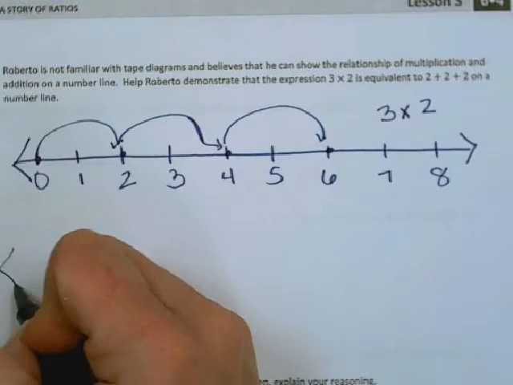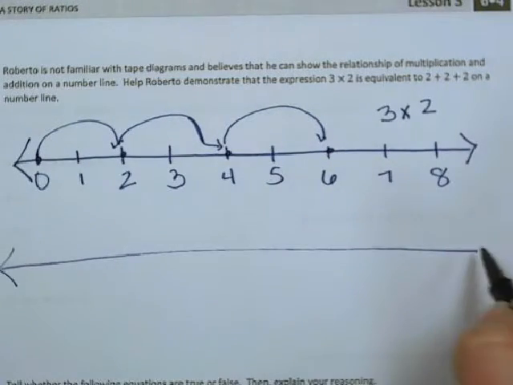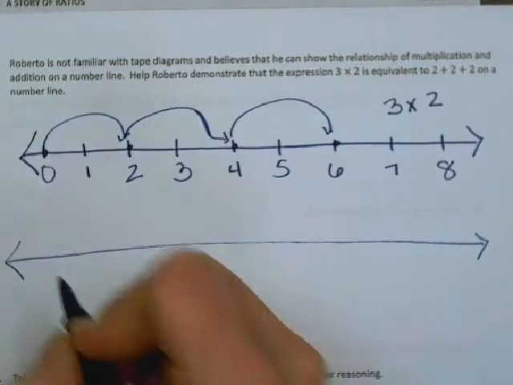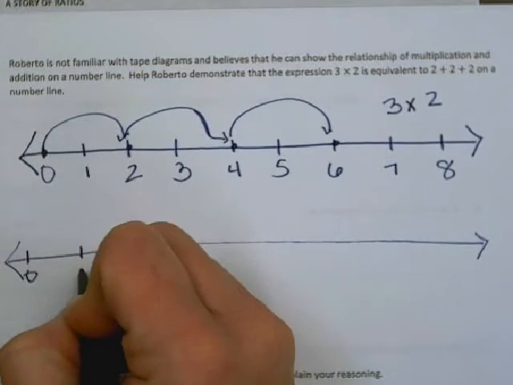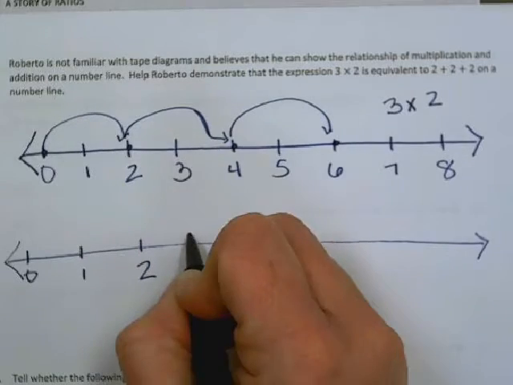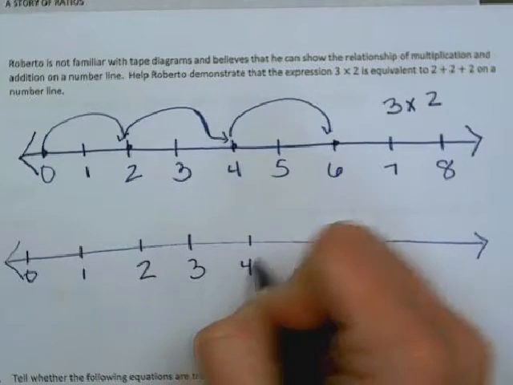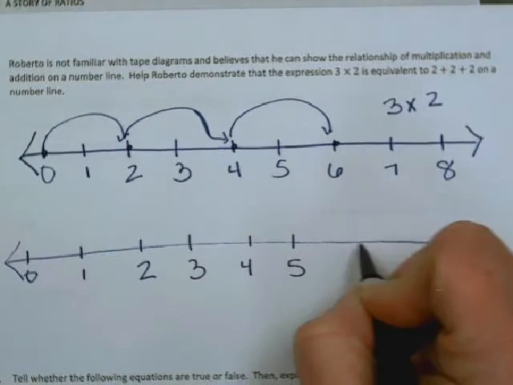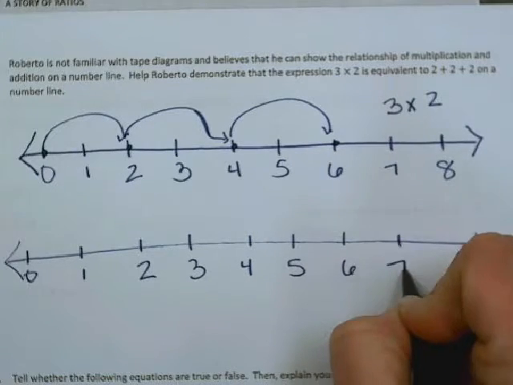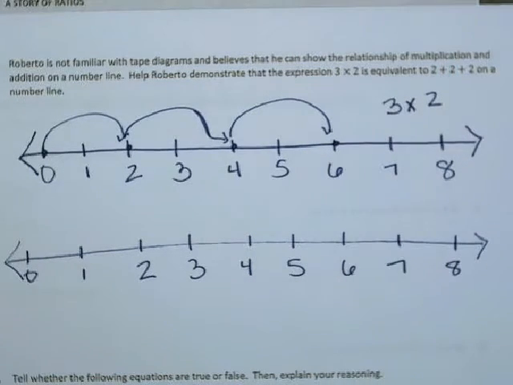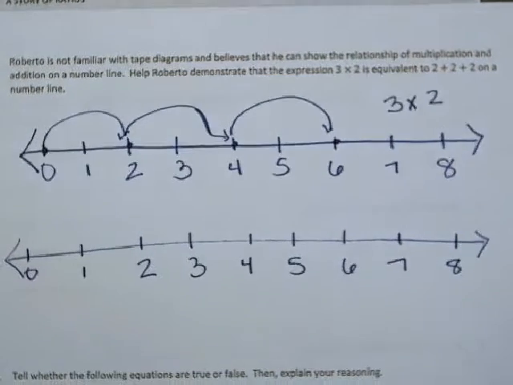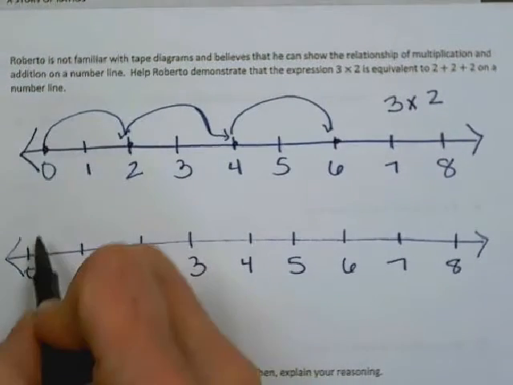Then the second number line, again, we're going to make a horizontal number line. We're going to number it to 8. So we're going to try to create the same number line that we created in the first one. And this time we want to be able to show 2 plus 2 plus 2. So one way we might show that is by using straight arrows.